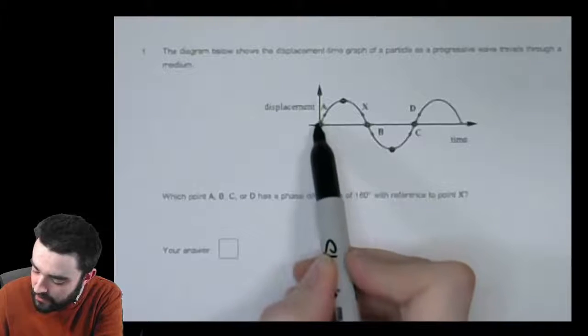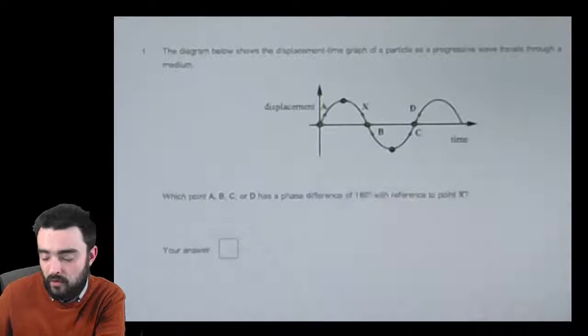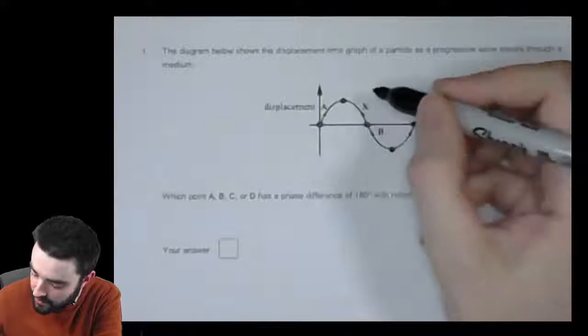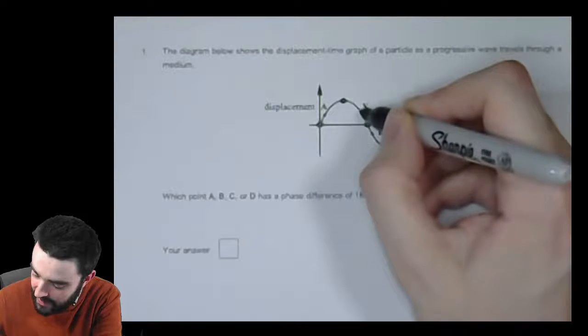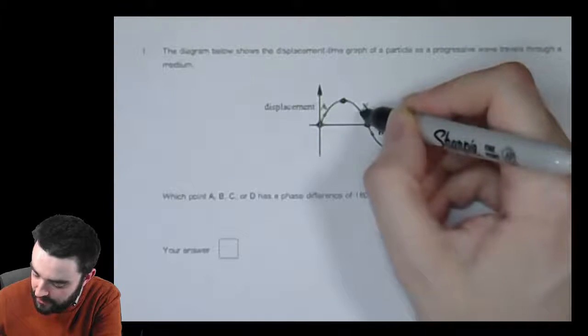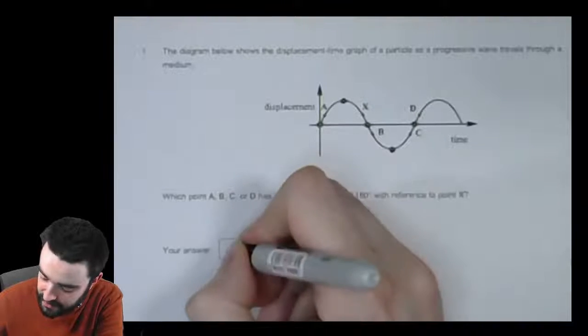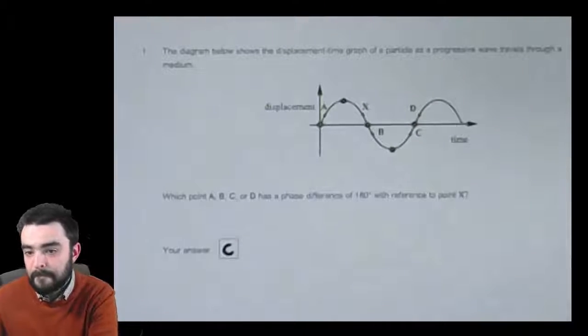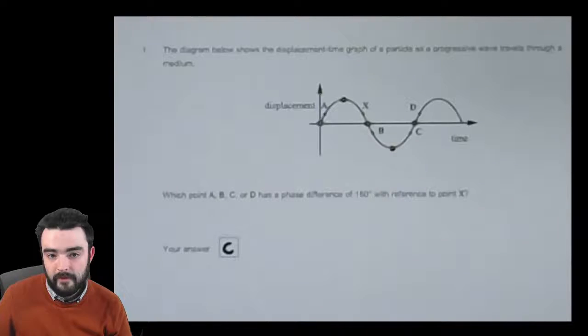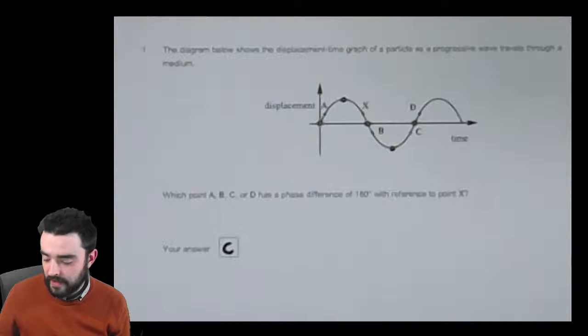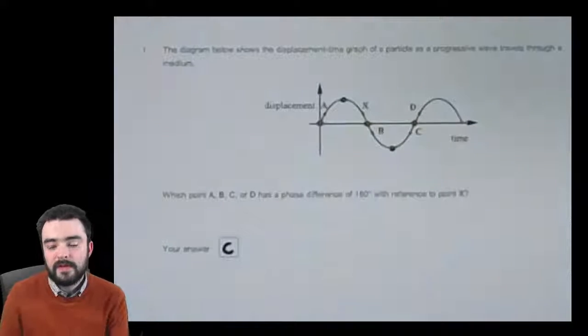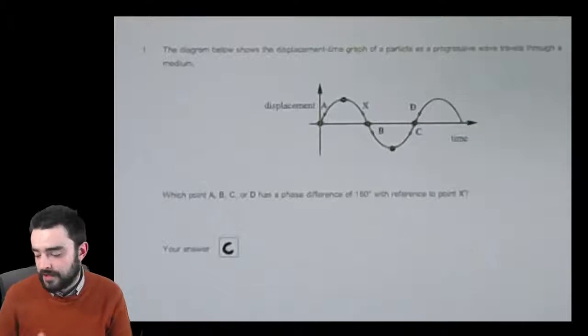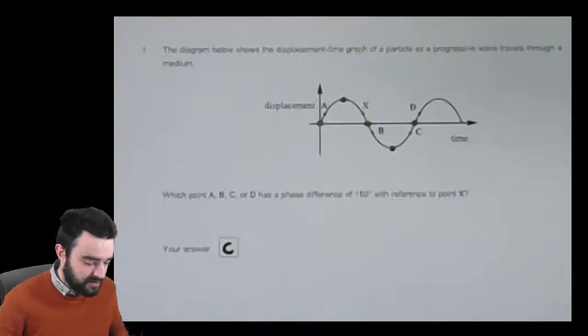So we know that between there and there is going to be 180 degrees. X is just before this one, so we're looking for a point just before the next one. So that is C. For me, I like to simplify these to make sure I've got the idea of it. So I do a nice simple set of points and then I can do just before, just after. So there is question 1.